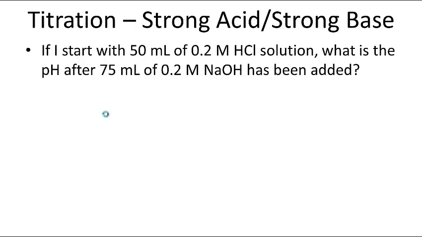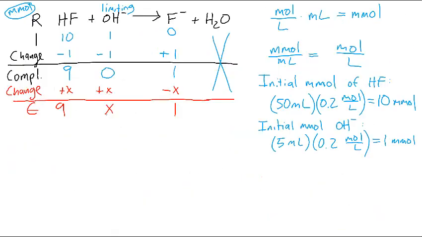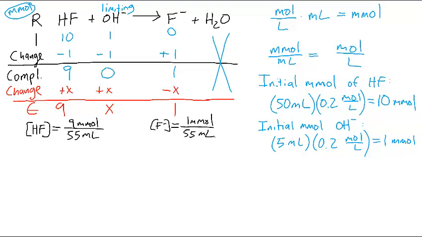Or you could use the equilibrium expression now. If I'm going to use the equilibrium expression, I need to convert my millimoles back into concentrations. So to get concentration of HF, that's going to be 9 millimoles divided by, what's my new total volume? 55 milliliters. And concentration of F minus is going to be 1 millimole divided by 55 milliliters.